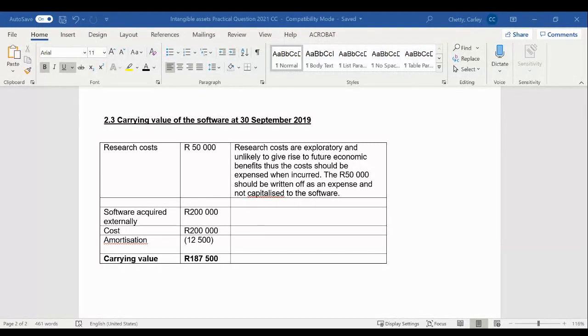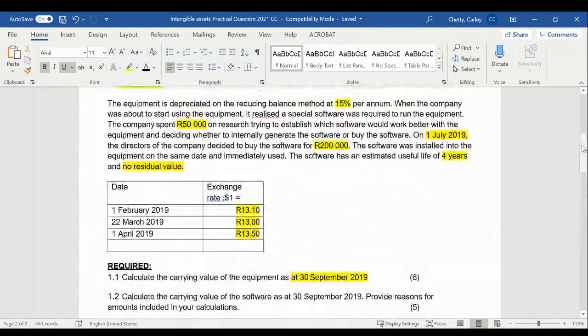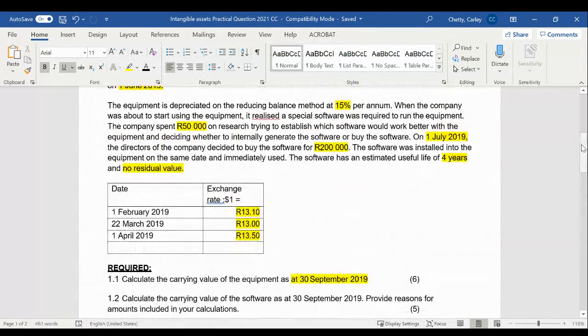So if we go back to the question, we'll see that there's no other cost related to the software, okay? So my question is, once we have calculated the cost of the software, it seems only natural that we would amortize the software. So who can tell me what the amortization is going to be for the year ended 30 September 2019? So we have our cost of 200,000.